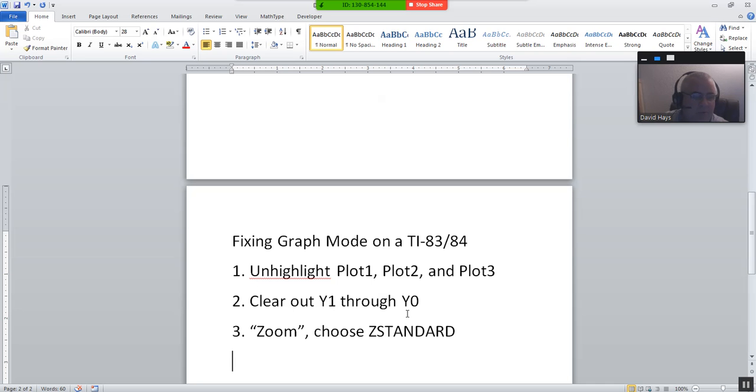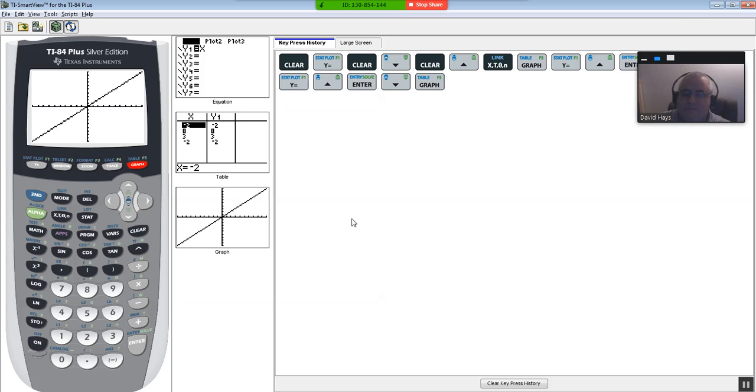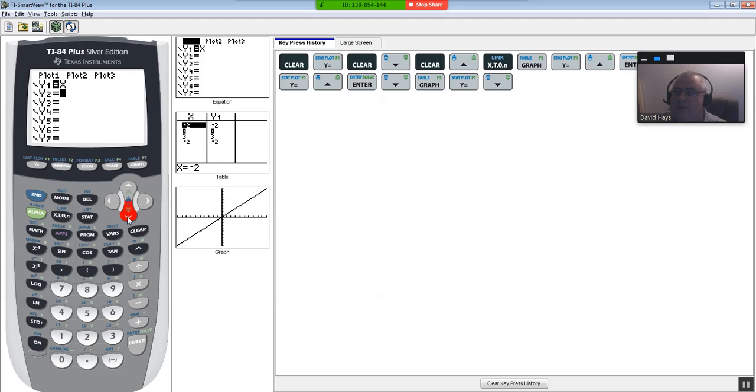The second item is to clear out Y1 through Y0. If you go back to Y equals, you can freely go back and forth between the Y equals and the graph. Then if you scroll down, you've got Y7, Y8, Y9, and it goes down to Y0. If you have garbage down here, sometimes students will get things like closing parentheses down here. They'll push their buttons by accident and get some garbage down here.